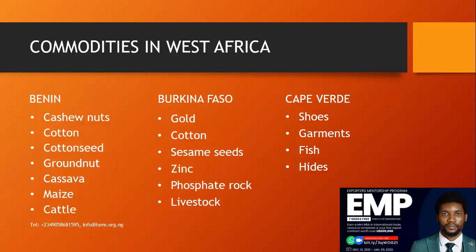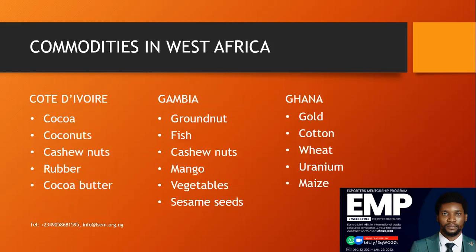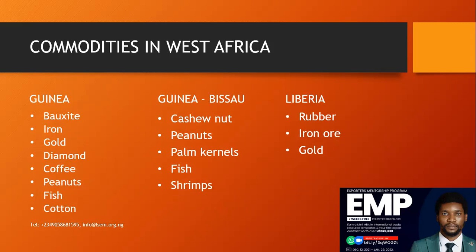If Benin's trade season is in January and it ends by maybe February, then maybe for Gambia or Cote d'Ivoire, their own trade season starts in May. And for Guinea-Bissau, their own trade season starts maybe in November. Once you have all this information, it will help you in how you take up export contracts and how you implement them.